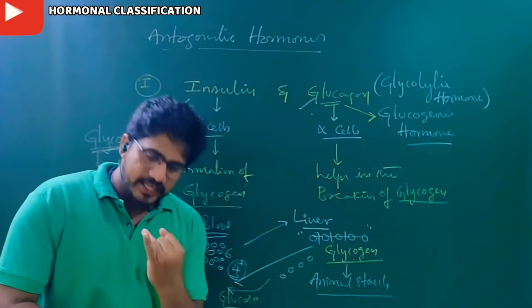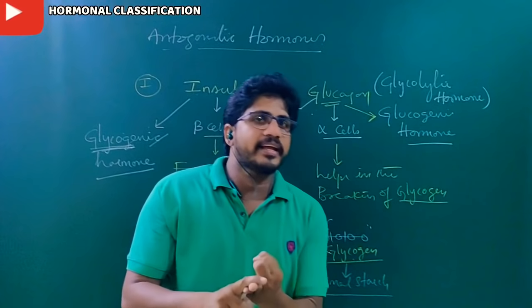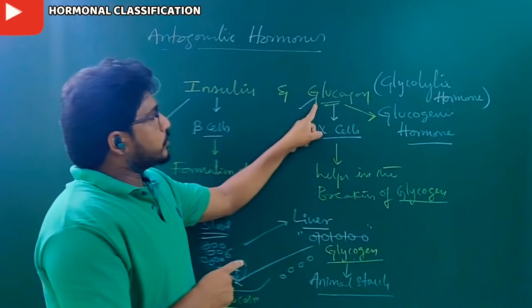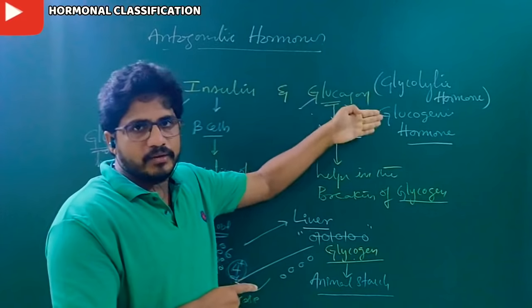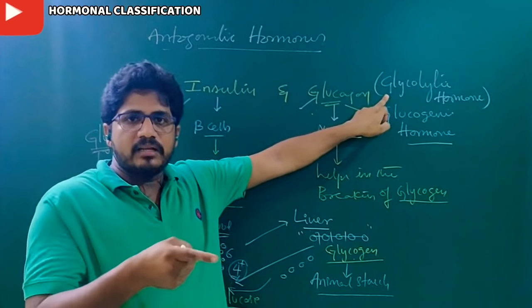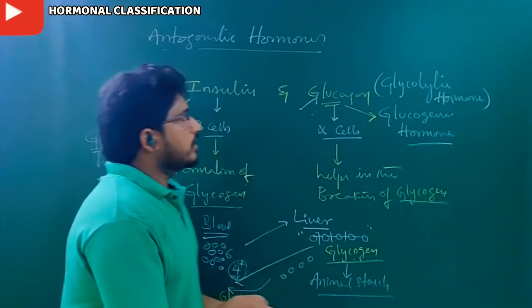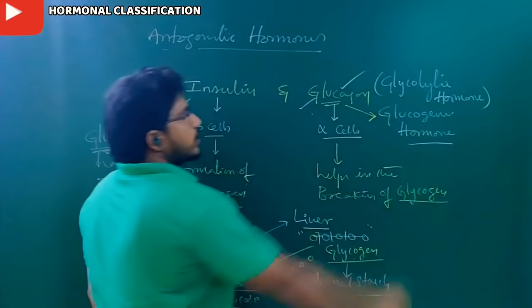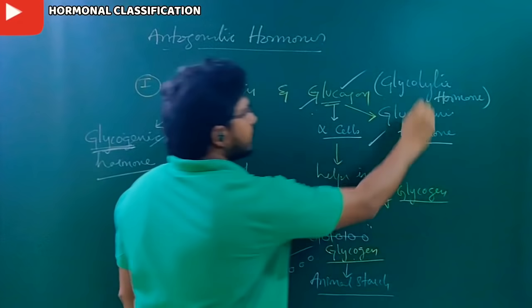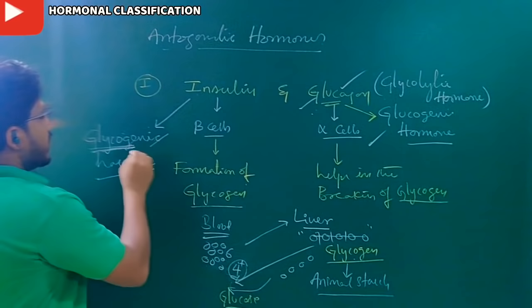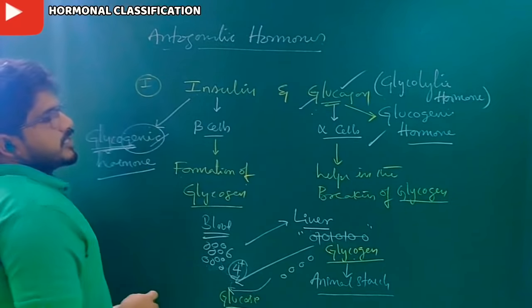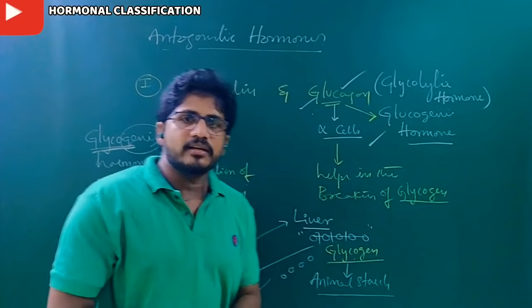So glucose releasing is also called glycogen breaking. That's why glucagon helps in the breaking of glycogen. It is called glycolytic. Lytic means dividing, breaking. So, glycolytic hormone, glucagon. Glucogenic hormone, glucagon. But glycogenic hormone means insulin. No need to confuse here.